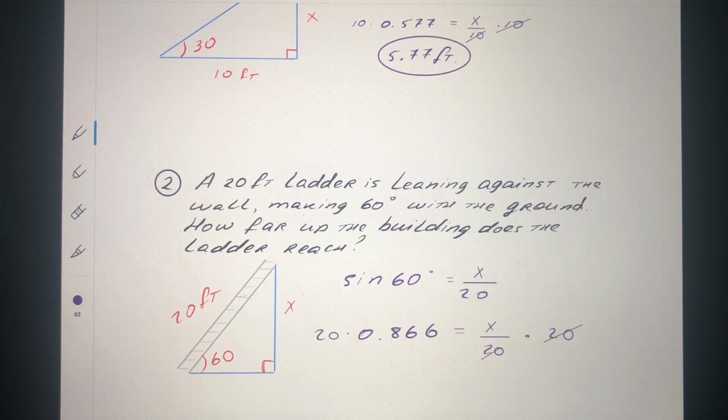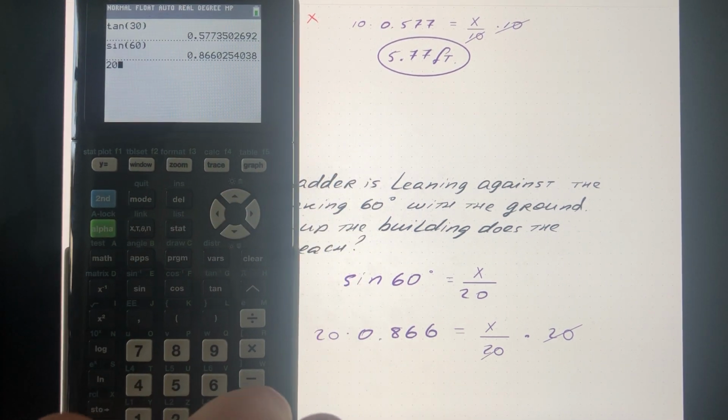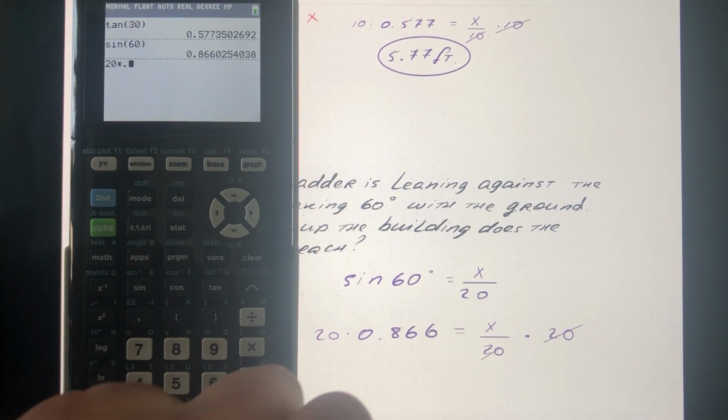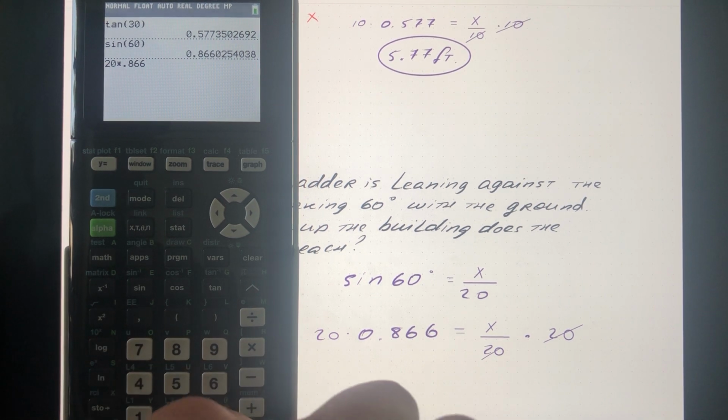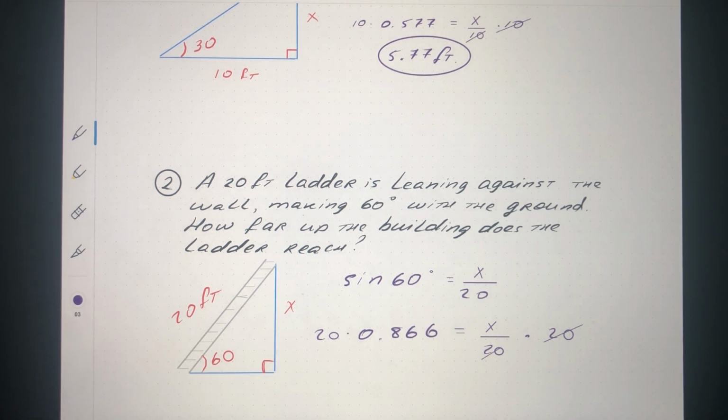Now we just do this with a calculator: 20 times 0.866 is approximately 17.32. So our answer is approximately 17.32 foot up the wall is our ladder. And that's it for this example.